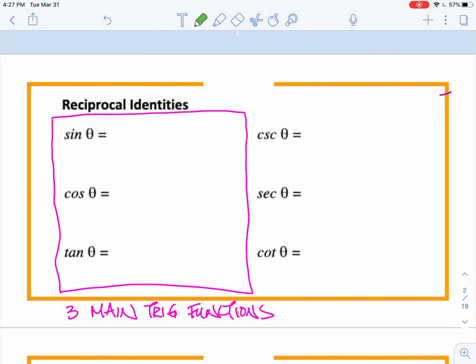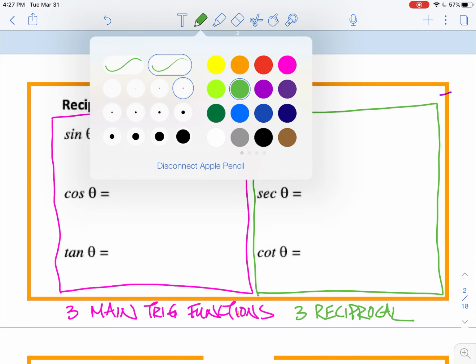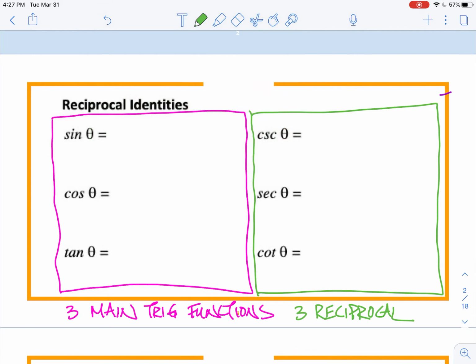And then on the other side, these three are actually our three reciprocal trig functions.